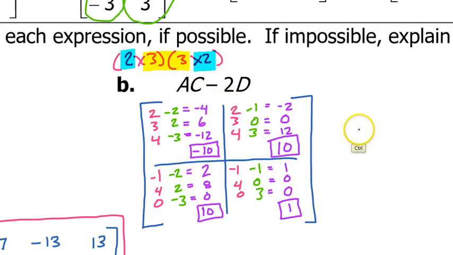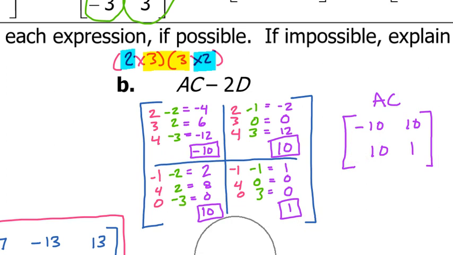So the product of A times C is going to be the matrix -10, 10, 10, 1. This is just the matrix A times C.